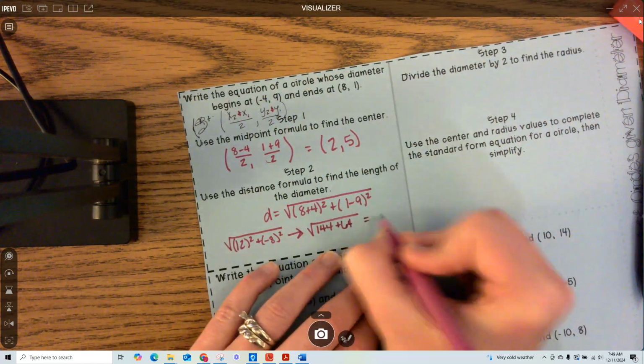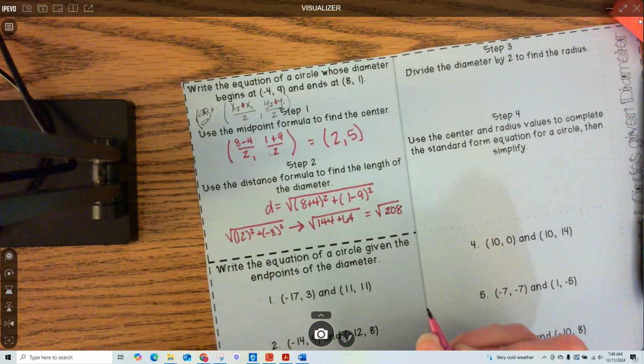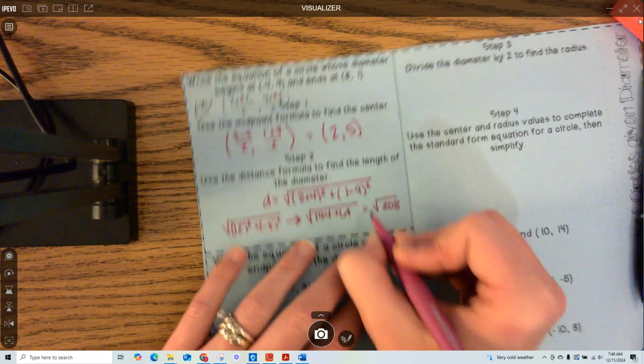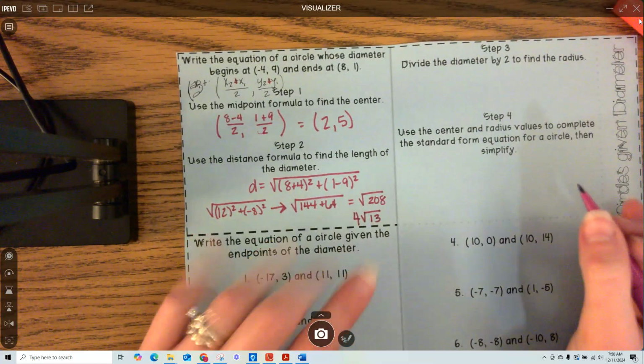So what I end up with is the square root of 208. If I simplify it, it's 4 times the square root of 13.